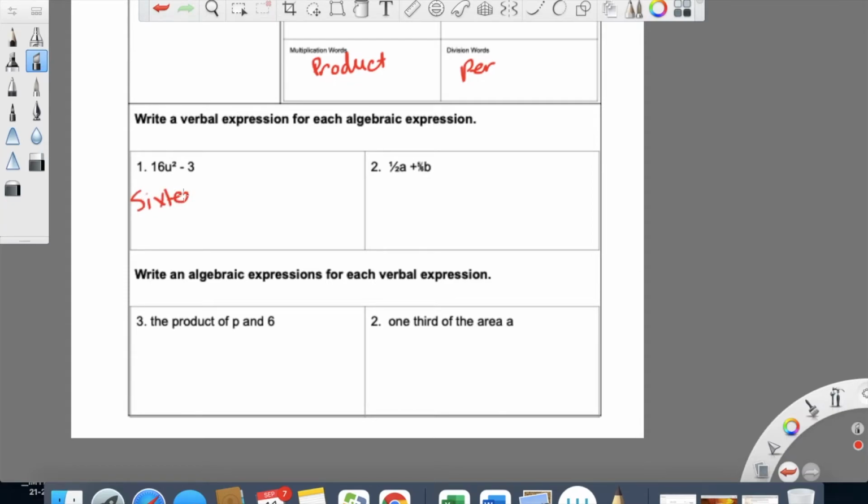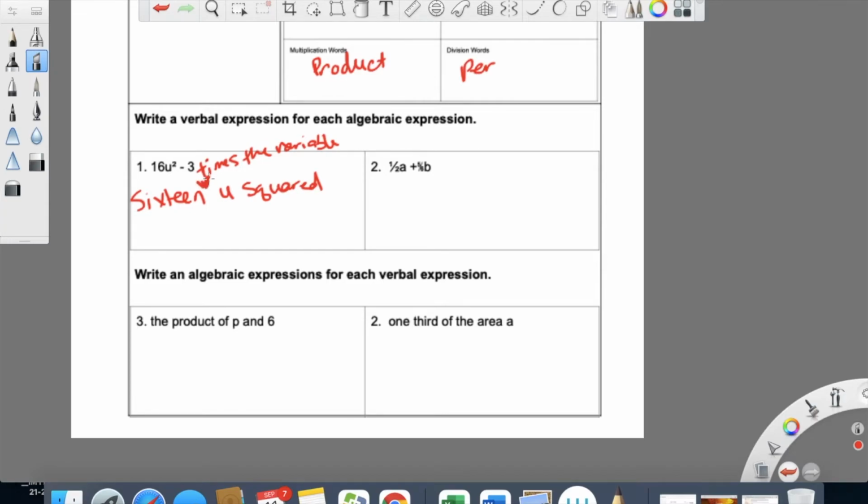So we have 16u squared, and we might want to put even in here 16 times, oops, what was I spelling there? Times. 16 times the variable u squared. So this is called a little caret.